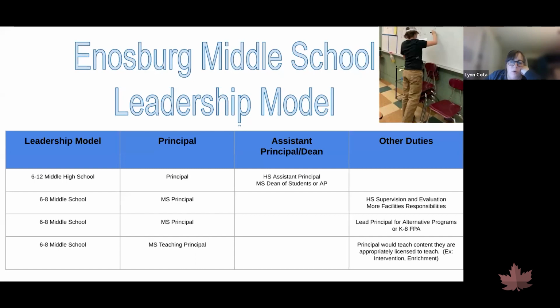I think that no matter what we do, we need someone who is in charge of and totally responsible for the middle school. And it doesn't mean that we couldn't have one person above that person. If you go with that first model, I wouldn't want anything else assigned to the middle school dean or assistant principal. I'd really want them to be centered on supporting students and adults in that section of the building.